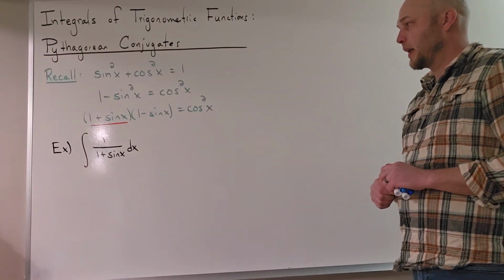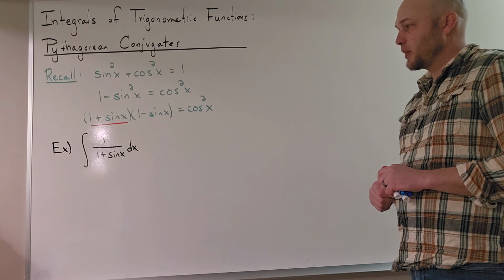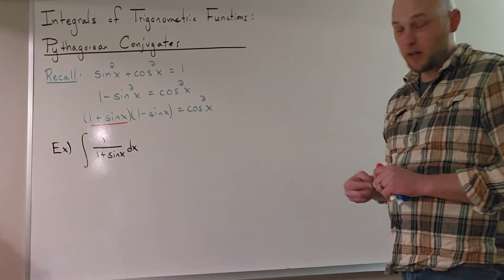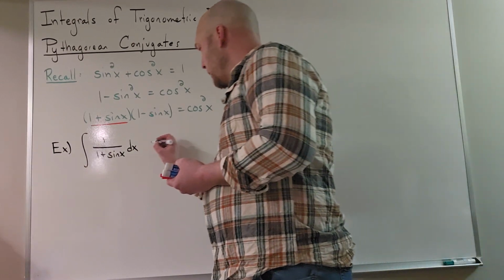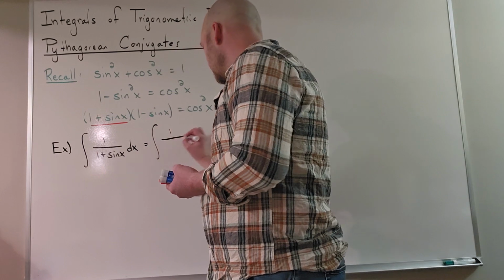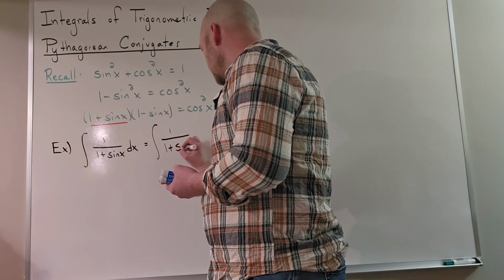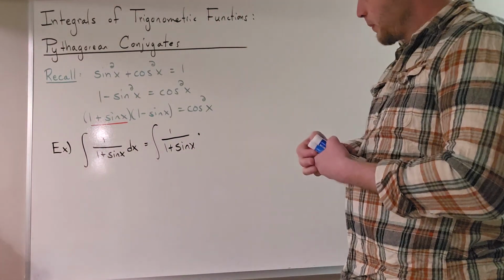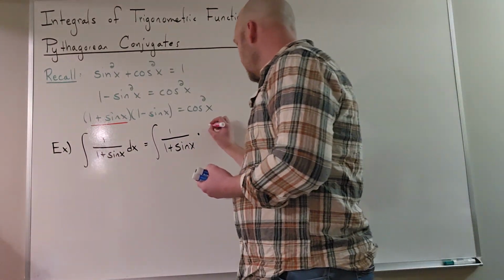There's not any other standard methods that would allow you to integrate this. But if I introduce what's called a Pythagorean conjugate, and I multiply both top and bottom by that expression, okay, so I'm going to multiply both top and bottom by 1 minus sine of x.